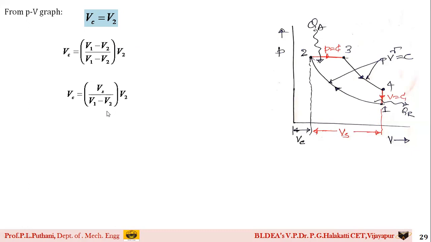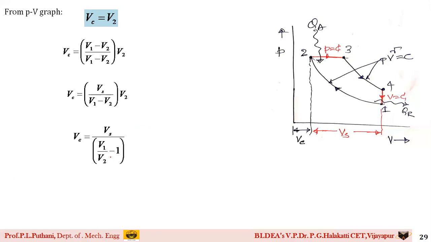In the denominator, if I take V2 as common, I can write it as V1 by V2 minus 1. And this V2 in the numerator part, both get cancelled. You are remaining with V1 by V2 minus 1.